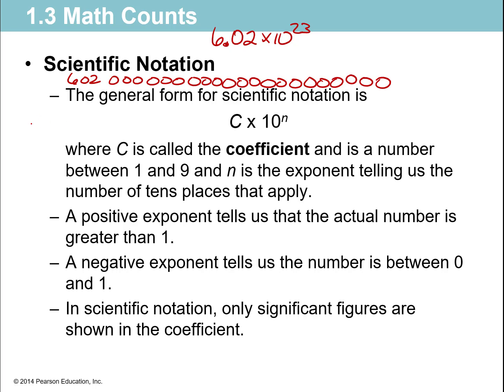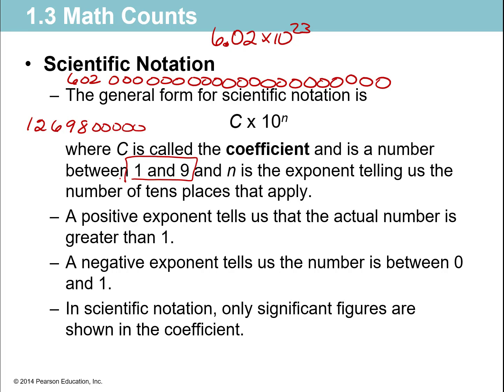So if you had this number and you wanted to put it in scientific notation, first off, you don't see a decimal place, so that means where is it? At the very end, okay? If I want to put it in scientific notation, I always put it so that my number is between 1 and 9.